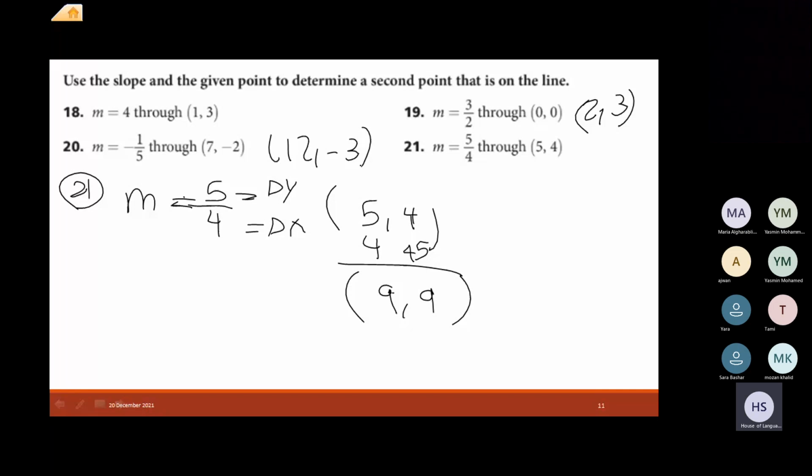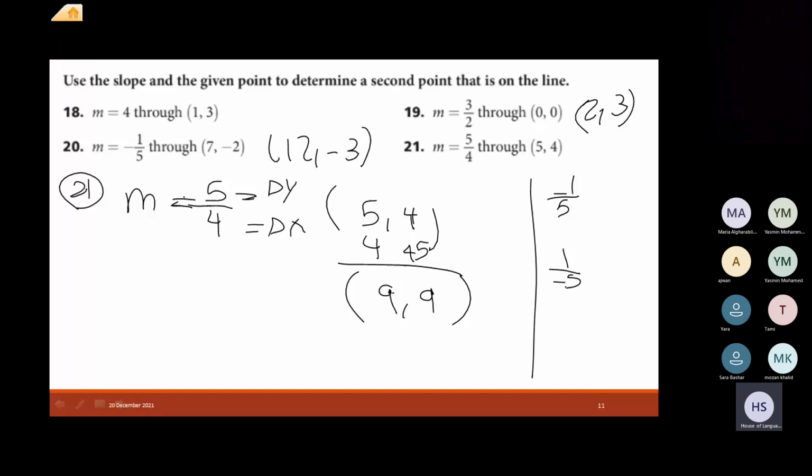If you say that it is negative 1 over 5 or 1 over negative 5, they are the same. Teacher, but here it's in the middle. It's okay. It means negative 1 over 5 or 1 over negative 5. The negative sign is for the numerator or the denominator.